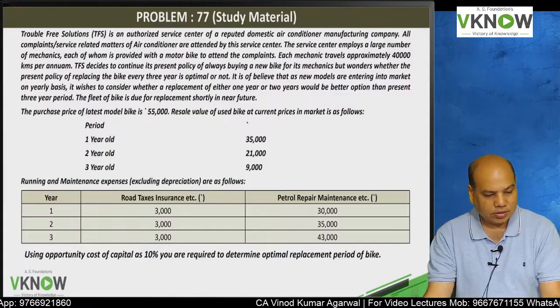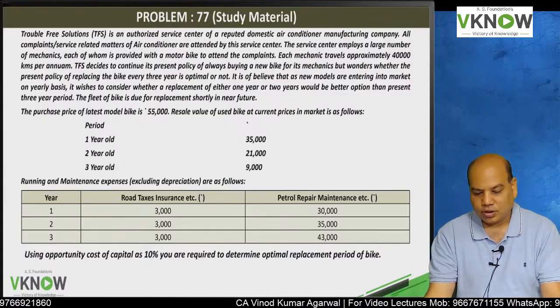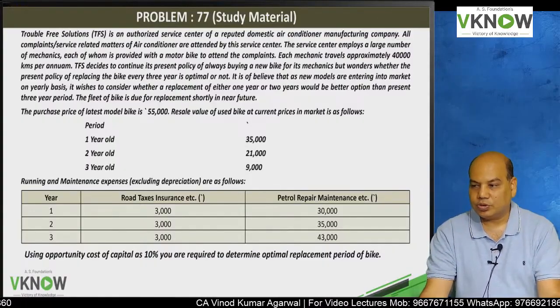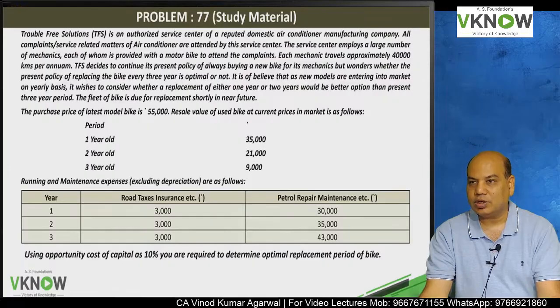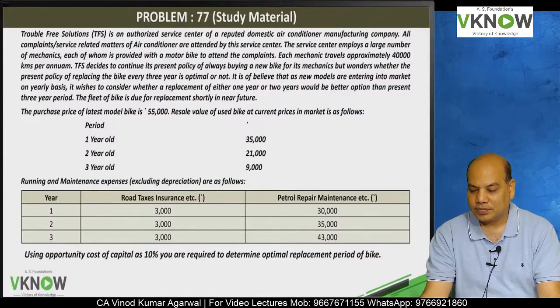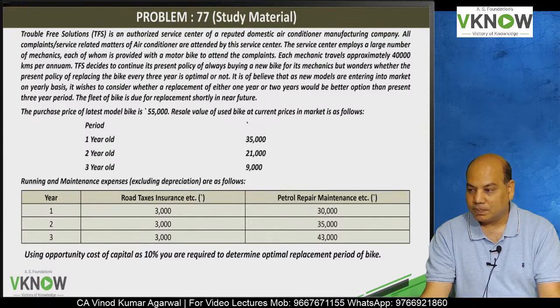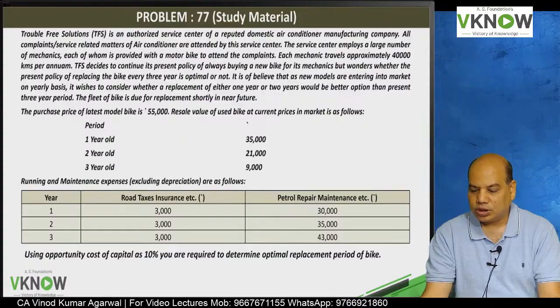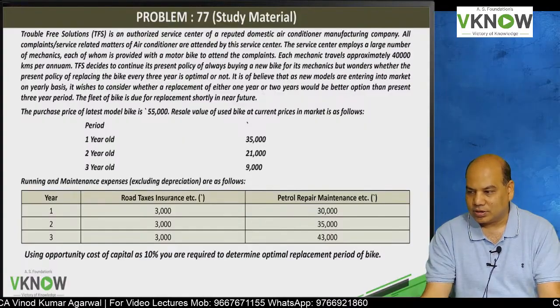Question is: Trouble-free solution, wow, is an authorized service center of a reputed domestic air conditioner manufacturing company. All complaint service related matters of air conditioners are attended by the service center. The service center employs a large number of mechanics, each of whom is provided with a motor bike to attend the complaints.